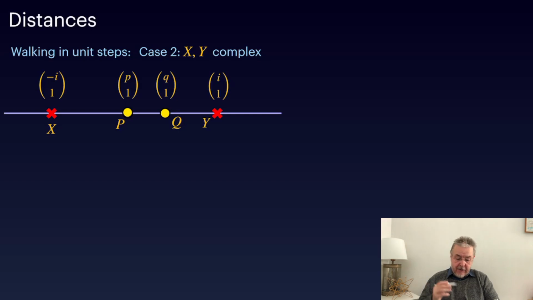Again, without loss of generality, I can put them to special coordinates, and the special coordinates I choose is this coordinate for x and this coordinate for y, where I introduced a -i and an i here, which is the imaginary unit.